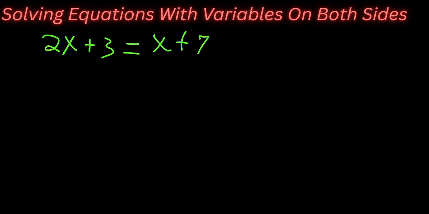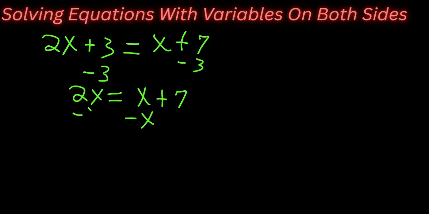So we're going to approach it like our previous problems. Let's do the addition and subtraction first. That would leave 2x equals x plus 7. Now there's a next step we can take that may not be obvious to you, and that is that we can subtract an x from both sides.